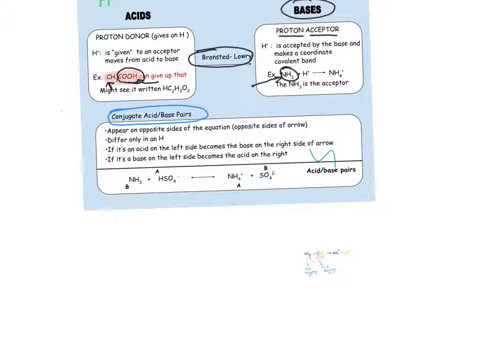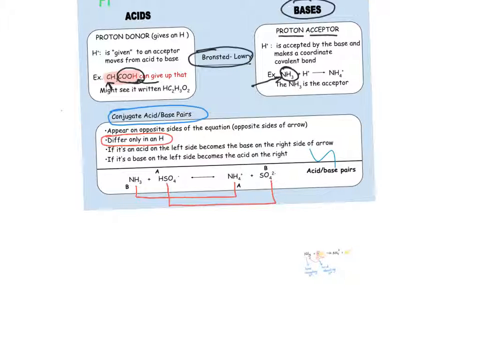And so what I like to do is let's get an eraser here. What I like to do is, in red, join the ones that are most similar to each other. The ammonia and the ammonium are most similar. They differ by only one hydrogen. And the HSO4 and the SO4 are most similar because they differ by one hydrogen. And you'll always remember, oh, look, they differ in only one hydrogen.